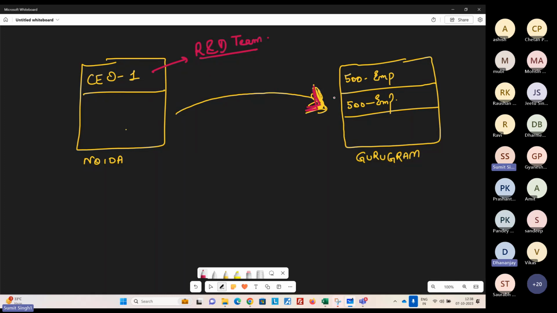Give me one more solution. So what did they come up with? They came up with the router, so that two different locations can communicate. The CEO was very happy till this point. His things were going very, very smooth.